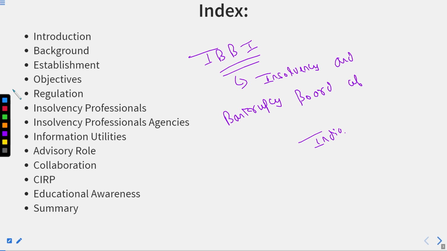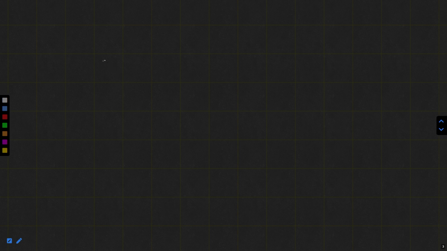In the previous lecture, we have covered the introduction, the background, the establishment, and we have taken an overview of the objectives. About insolvency and bankruptcy, I explained in a simple manner. Let's do a little bit of revision.